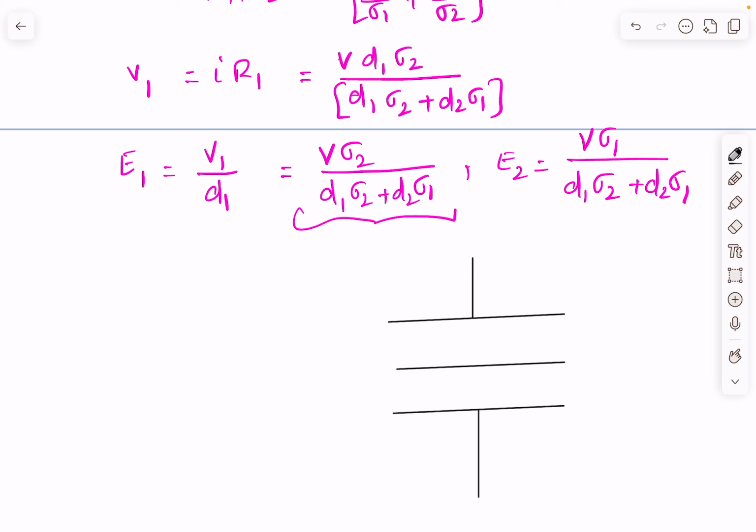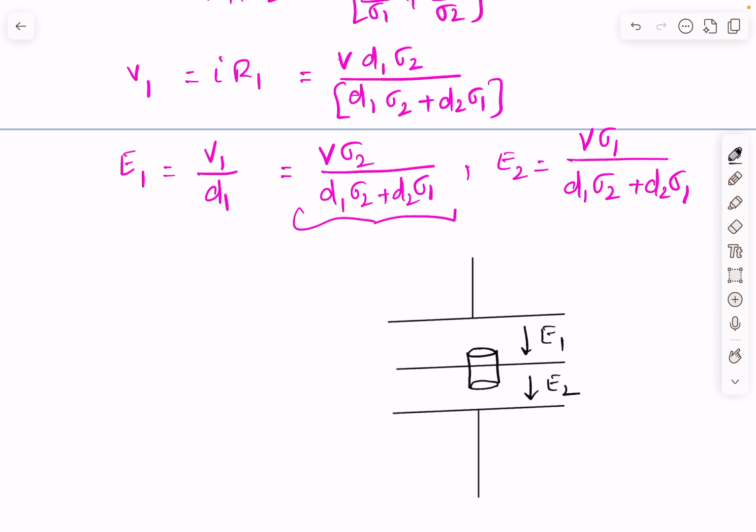So if we construct a Gaussian cylinder and E1 and E2 are the respective electric fields across the two dielectrics, then for the net flux of the electric field, we will take the flux coming out as positive and the flux coming inside the cylinder as negative.